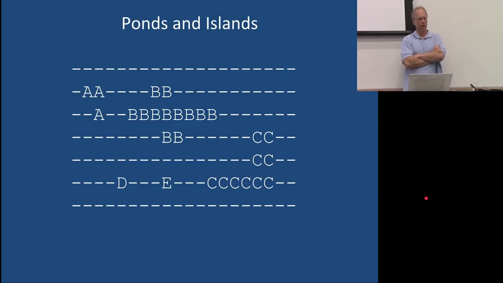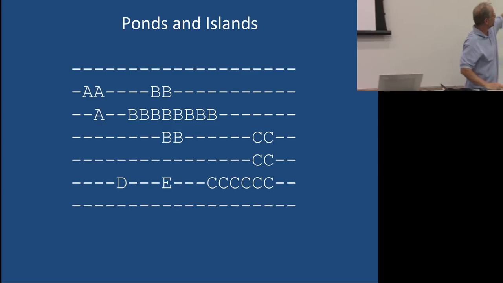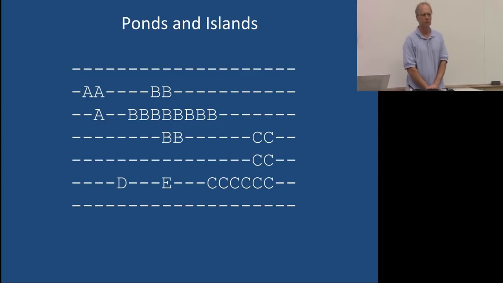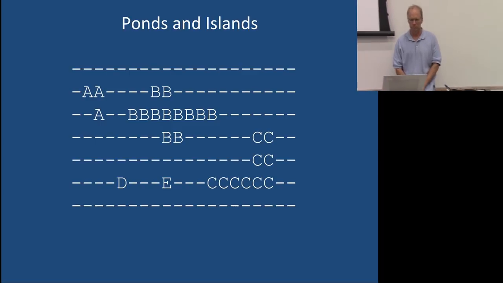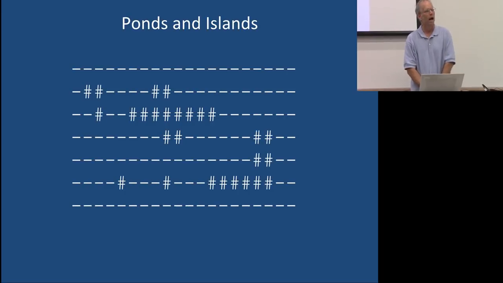So here's how we're going to do ponds and islands. We're going to take files that contain hyphens and pound signs. So you think of the hyphens as being water and the pound signs as being land. And another rule we're going to have is we're going to require that the perimeter has to be water.